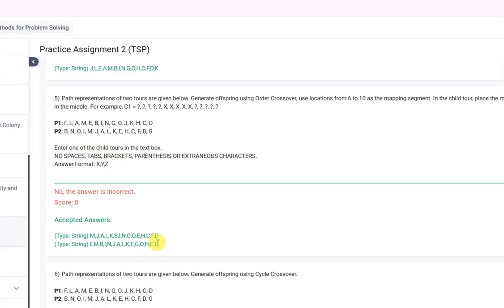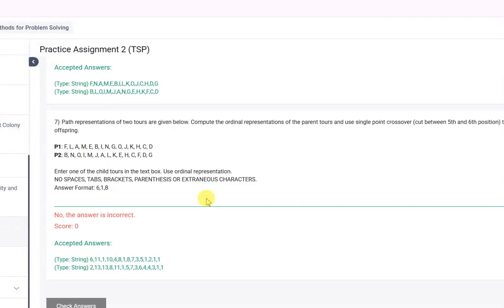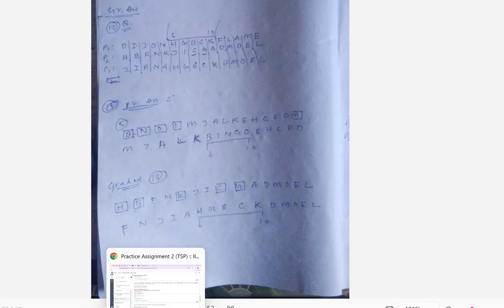This one we are going to find the solution. But what they're asking is how you are going to find it. So for order crossover, from 6 to 10 we are going to write.